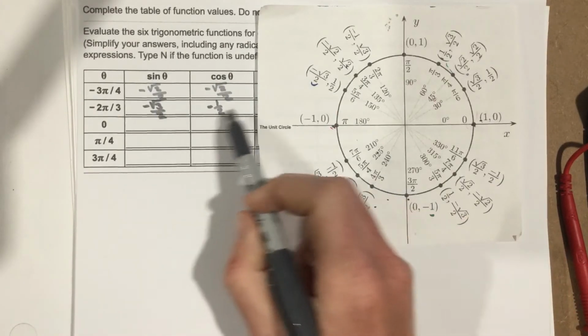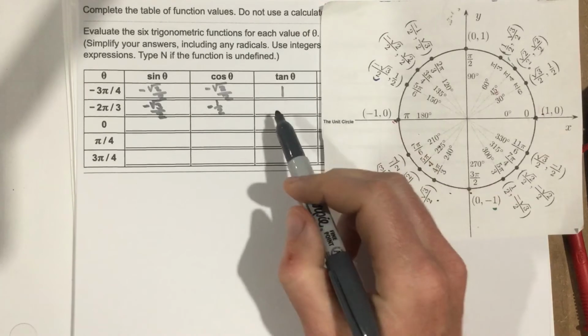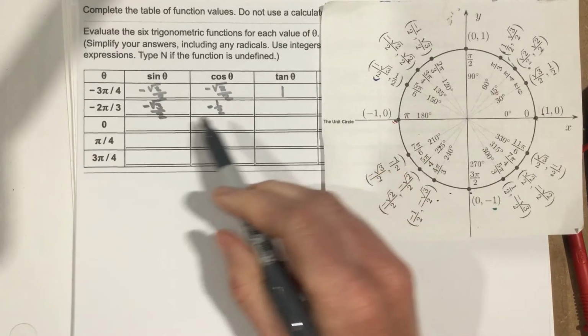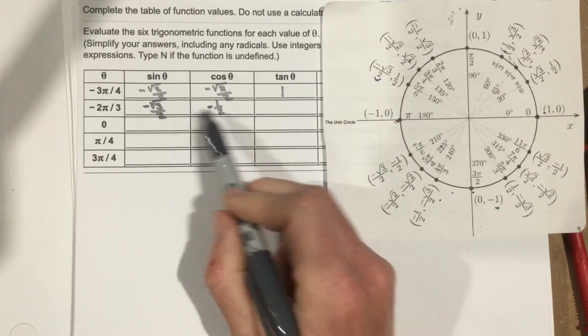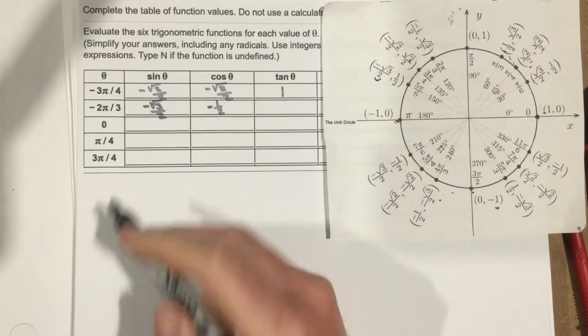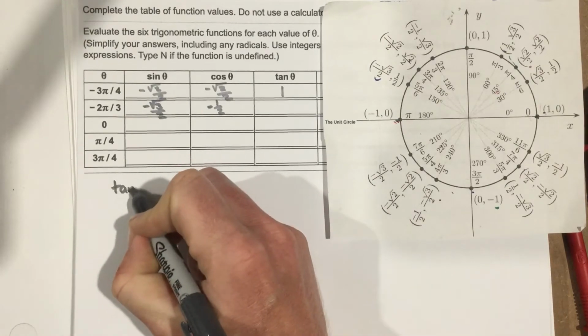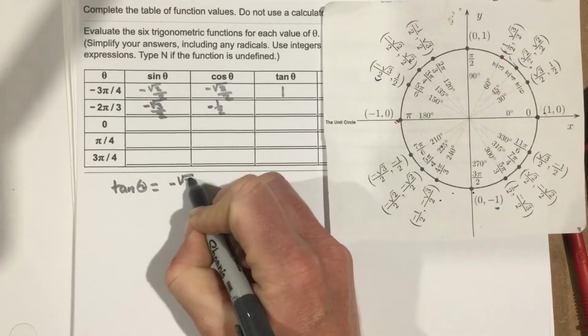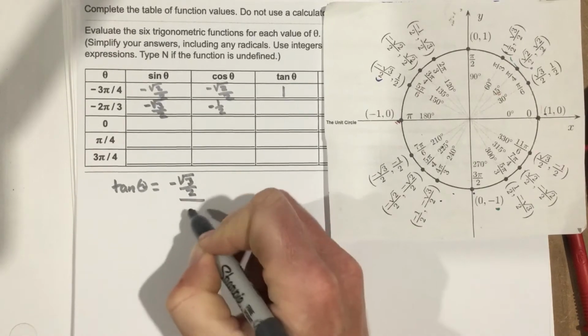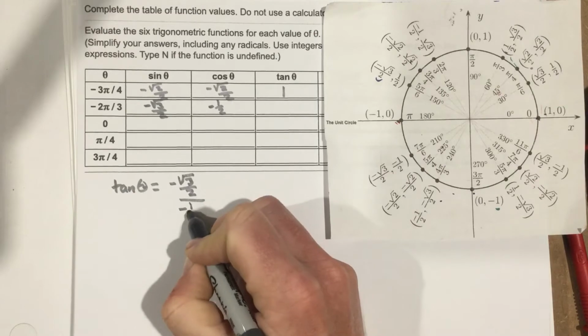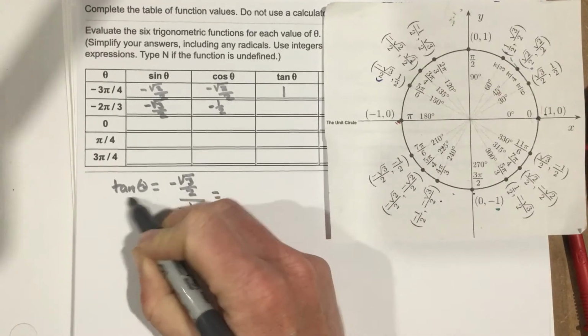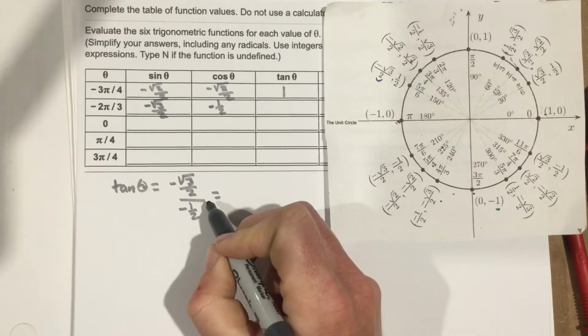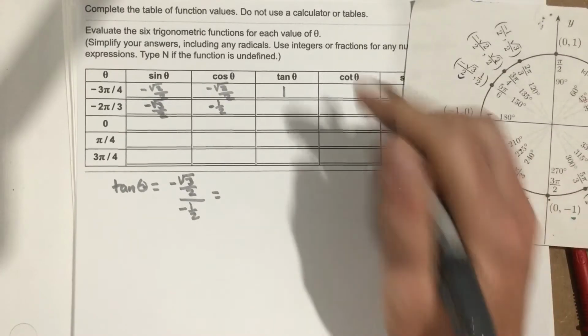Now, if I want to find tangent here, I'm going to have to take the sine part and divide it by the cosine part. So we know tan theta is equal to negative root 3 over 2 over negative 1/2, because tan theta is equal to sine theta over cosine theta. And I think maybe I'm going to write that right here.